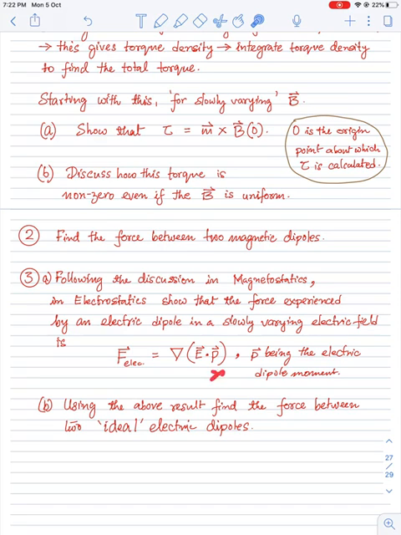So even ideal electric dipoles would experience a force, and therefore you can consider two electric dipoles. This is the expression for the force, and therefore you can find the effective force between two electric dipoles. This also I'll give as an exercise.